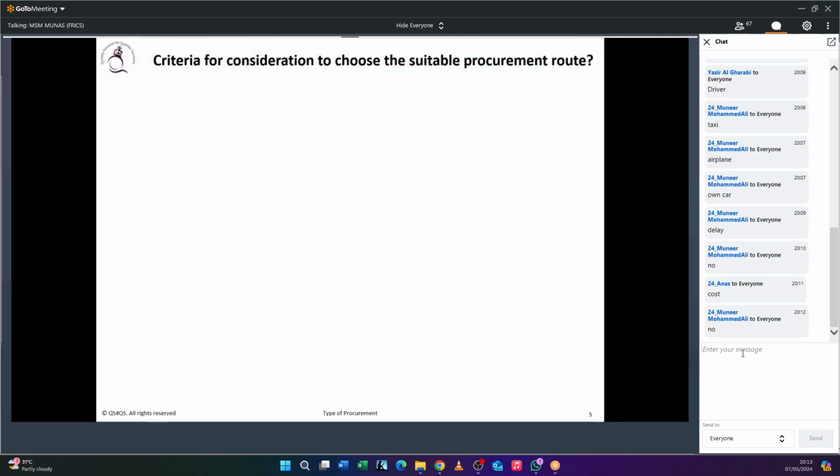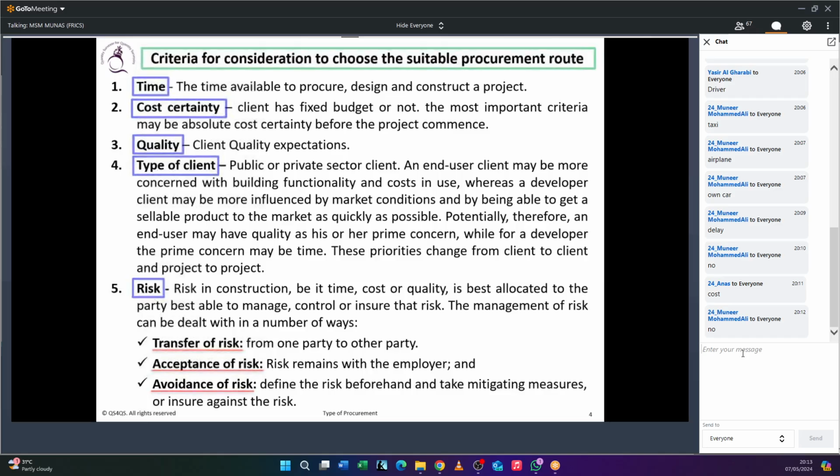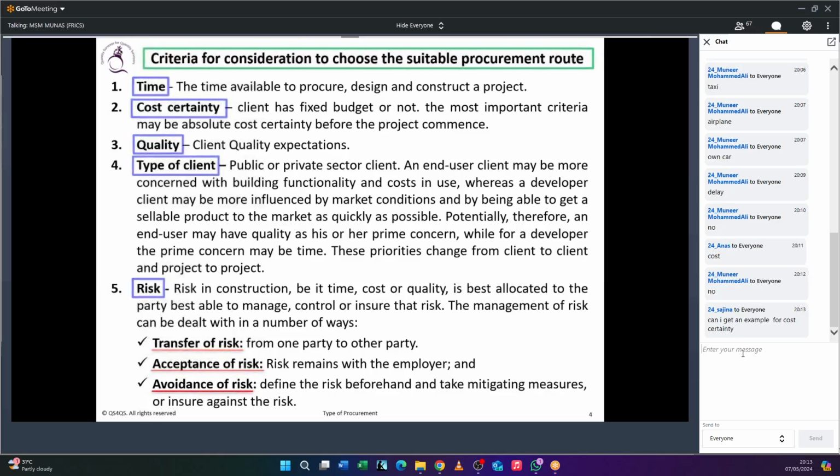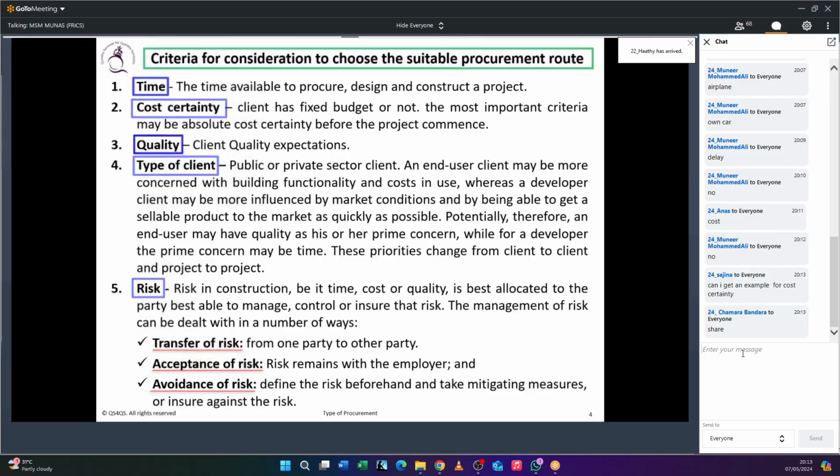So let me finish this one. There are three methodologies we have, right? Transfer, accept, avoid. What else? Is there any other methodology to handle the risk? Share the risk. Very good.